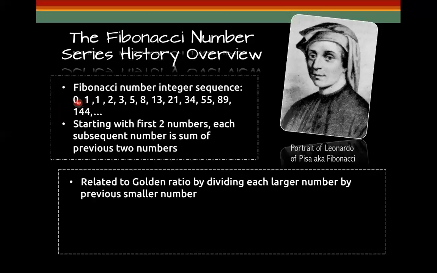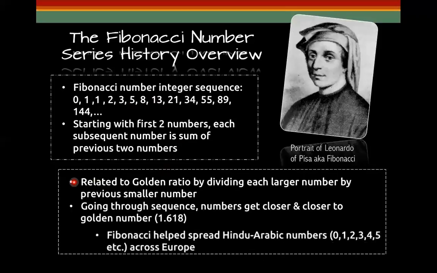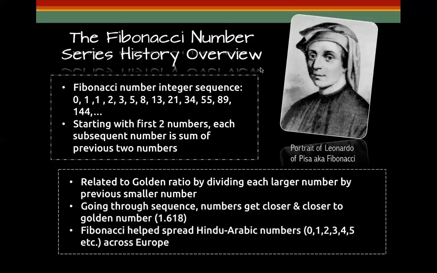So if you divide 1 by 0, 1 by 1, 2 by 1, and as you go higher and higher in the sequence, it gets closer and closer to the golden ratio, which is pretty awesome. The Fibonacci pictured here helped spread the Hindu-Arabic numbers that we use today across Europe through his writings.